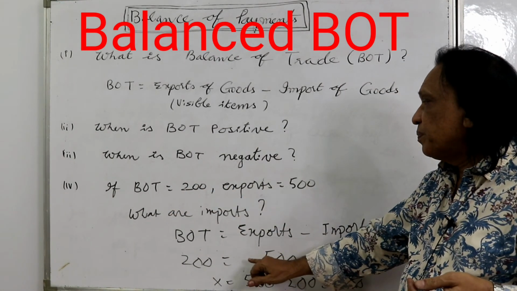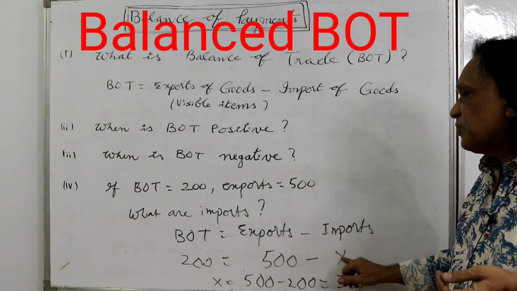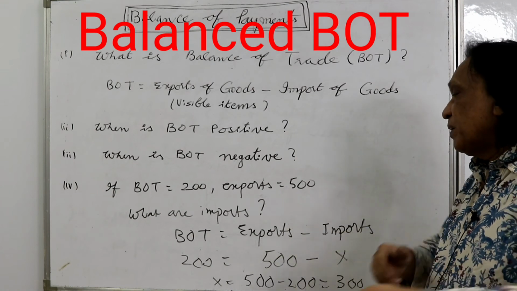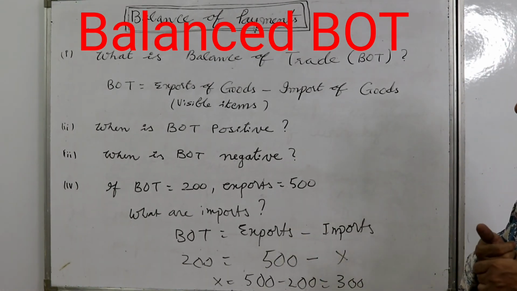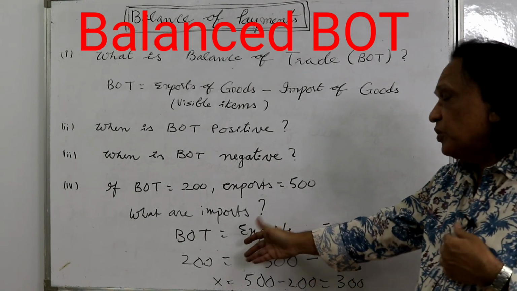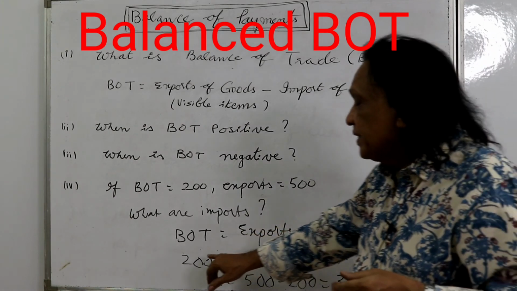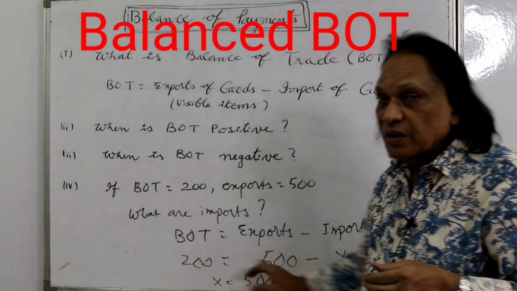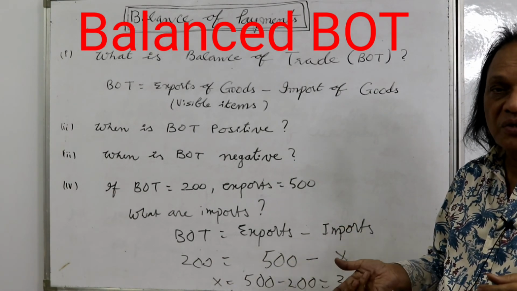You put minus 200 and 500, so minus minus will become plus, that will be 700. You put the values, don't ignore the signs. If it is negative BOT, write it as minus 200 here. The remaining values will be the same. You get the answer easily.